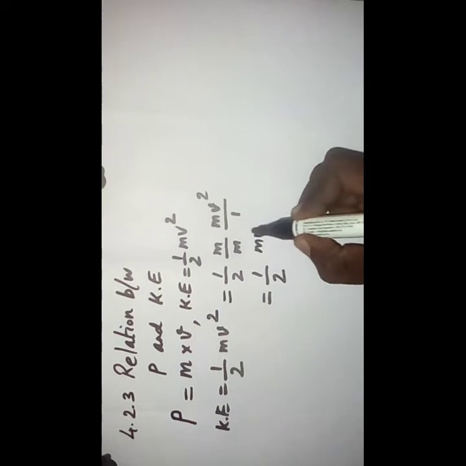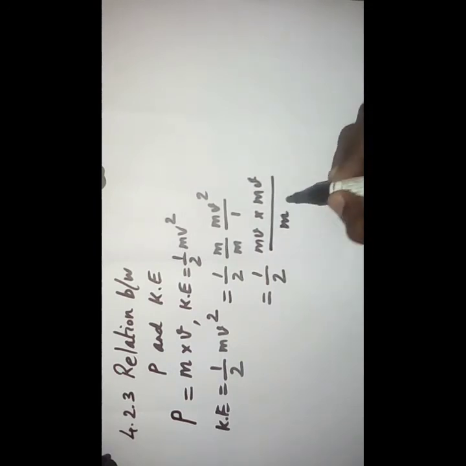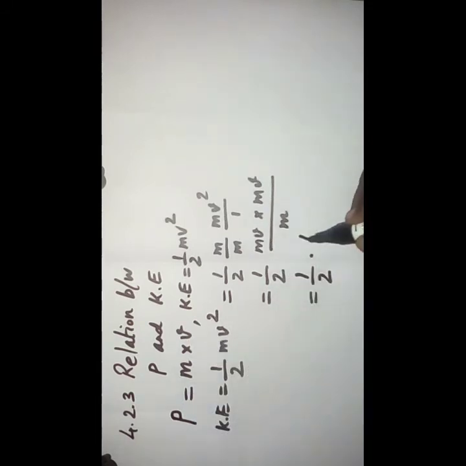So mv multiplied by mv whole divided by m, this m. Now you know 1 by 2 multiplied by, what is mv? It is momentum P, multiplied by P divided by m.